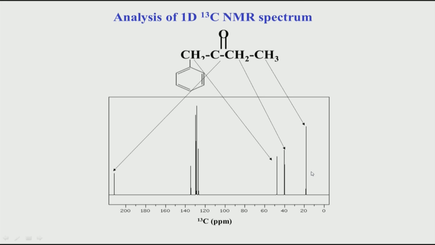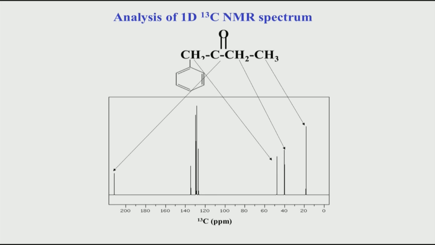For that you have to do a special experiment separately, and if you do, then you can further see whether it is a methyl carbon, a methylene carbon or a methine carbon. For example, in aromatics they are all CH. That kind of information comes from a separate experiment, not from this 1D, and that is also usually done.